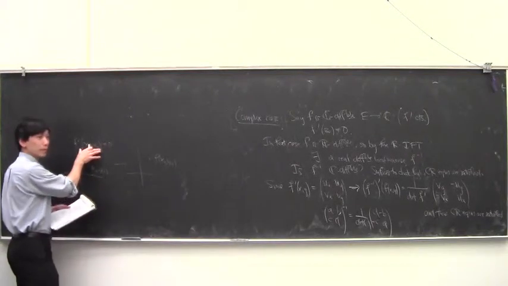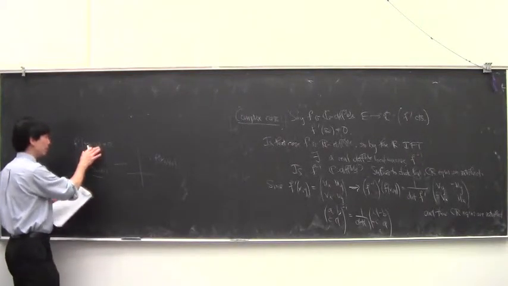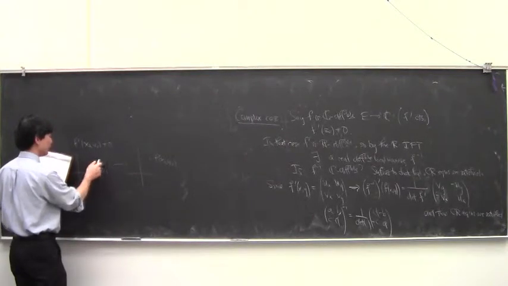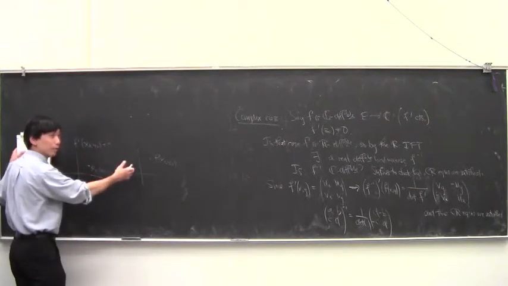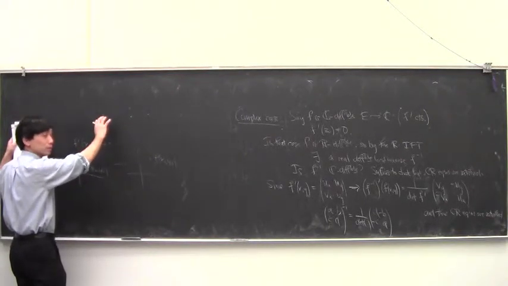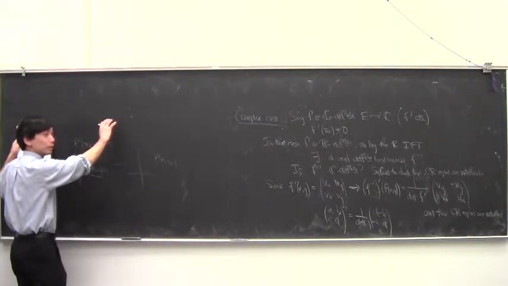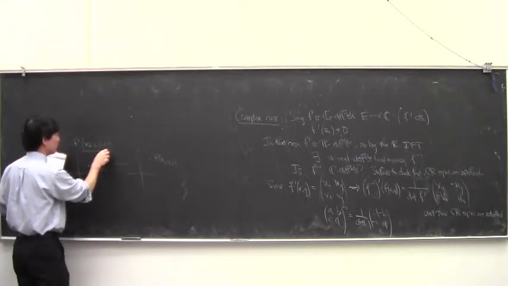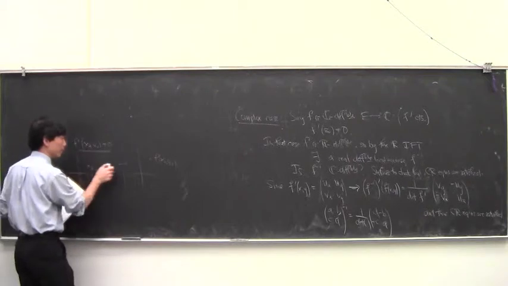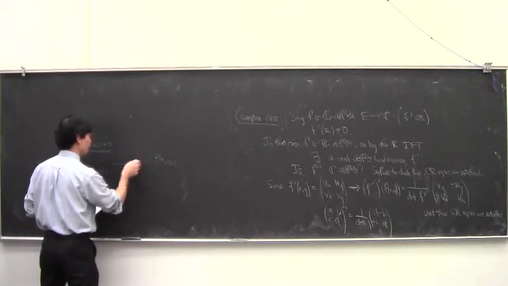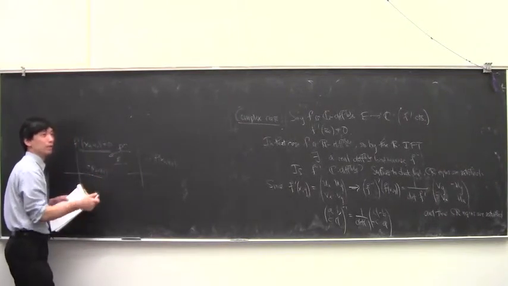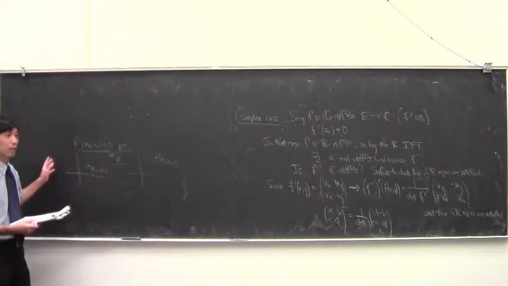The derivative here is non-zero, but maybe somewhere far away from here the derivative is zero, and in that place the function is not going to have a local inverse. But near here, you're guaranteed that there's a neighborhood around here and a neighborhood around here on which there exists an inverse function. So a local inverse, but not a global inverse.